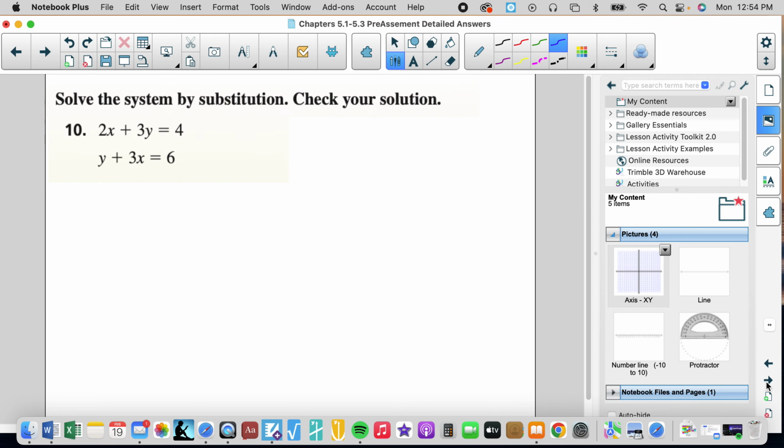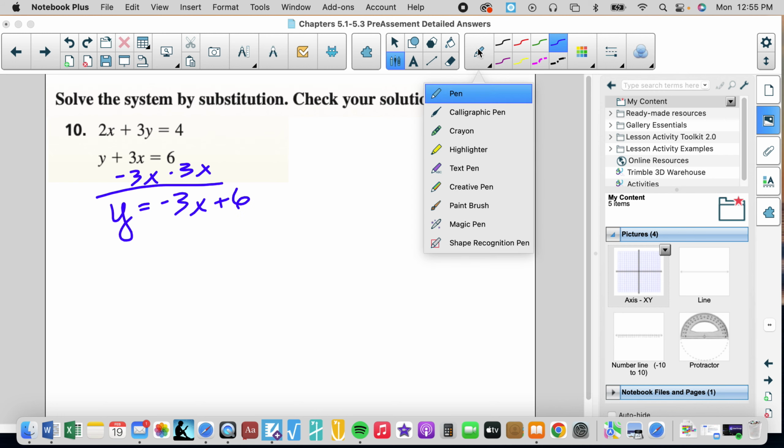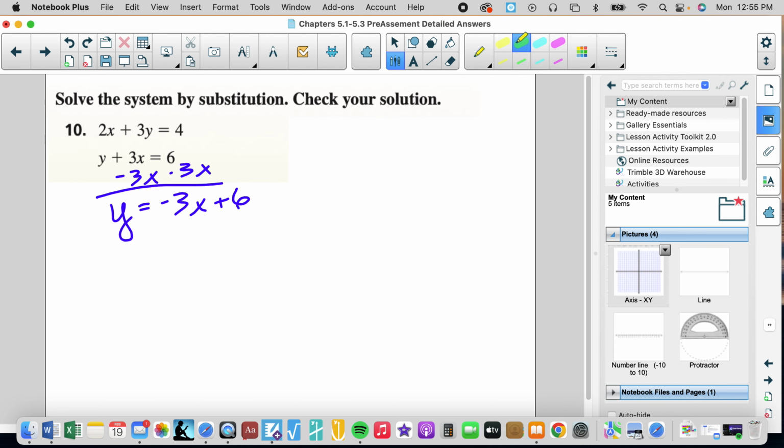I'm going to subtract 3x and get y equals -3x plus 6. I've solved for y, and I'm going to substitute -3x plus 6 into the other equation for the y value. So this equation now becomes 2x plus 3 times (-3x plus 6) equals 4.